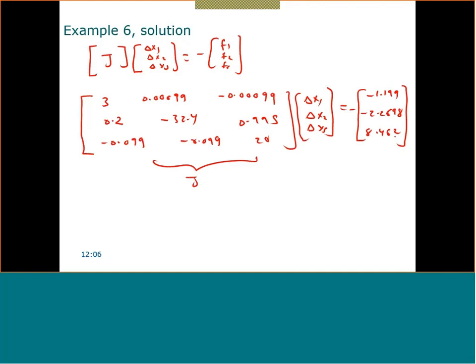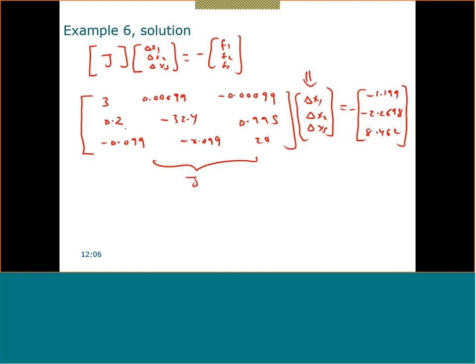Okay, so this is our system of equations. Now, for 2 by 2, I said you multiply by the inverse of this, both sides, you find the error. This is your error, that you want to go and add to the original guess.